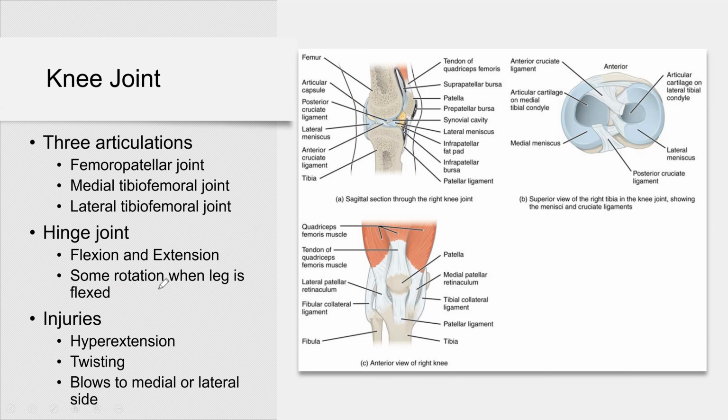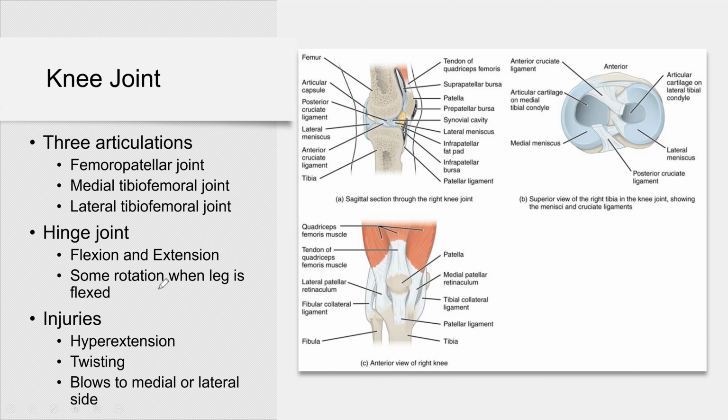And we have ligaments. Now, we have more than 4 ligaments, but these 4 important ligaments have similar names. So we call them CL, CL, CL, CL, and then you're going to add the directional term, like lateral, medial, anterior, posterior.